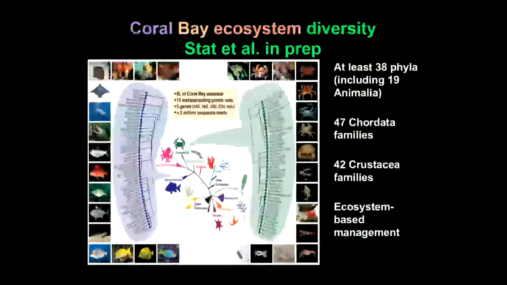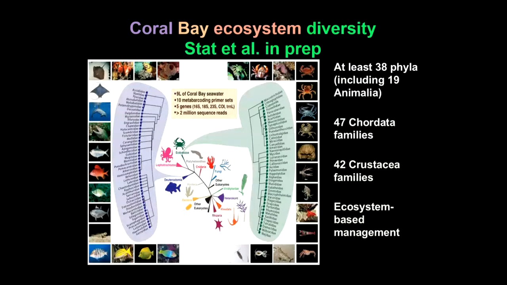Not everything, but most things. So you see rays and moray eels and fishes and crustaceans and diatoms and copepods and so on. So it really opens up an avenue where you can query or audit biodiversity from particular samples and take an ecosystem-based management approach for single source samples from particular locations.